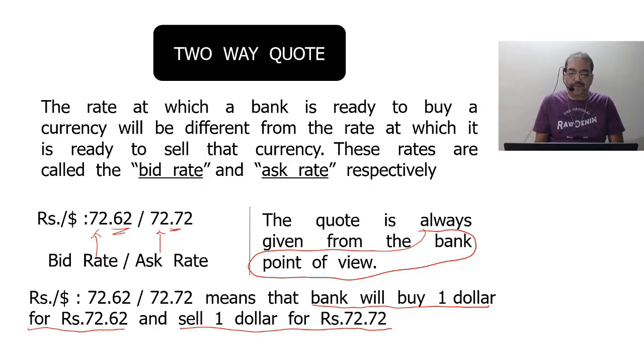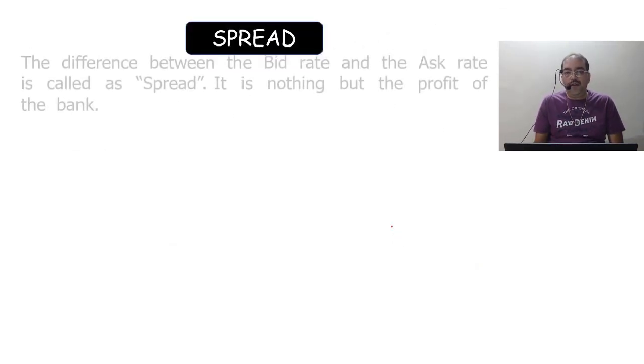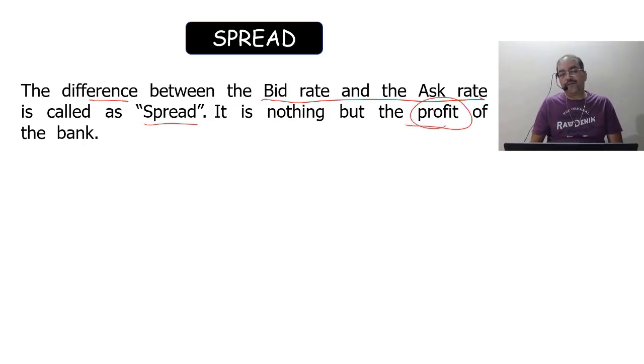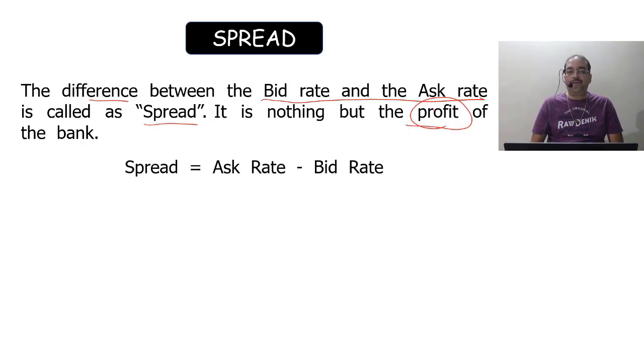So that is my next term. What is a spread? The difference between the bid rate and the ask rate is called a spread. It is nothing but the profit of the bank. So how do you write the formula for spread? It is the ask rate minus the bid rate.